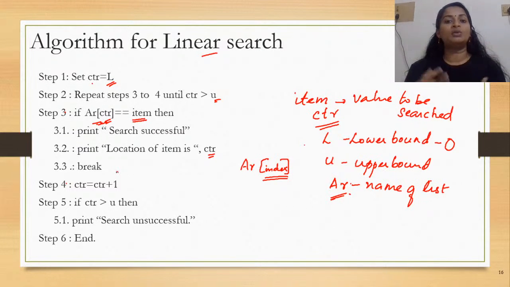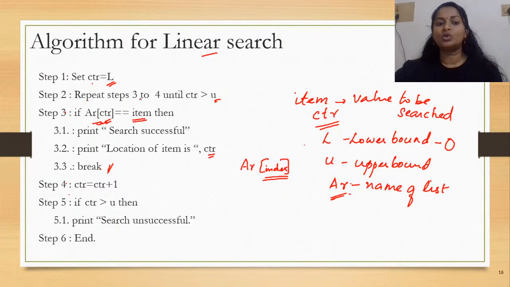Now, since you have found the occurrence of the item, is it mandatory for you to search the entire list? No, right? So you need to break from this point. So I use the jump statement break. What will it do? It will break from the loop.